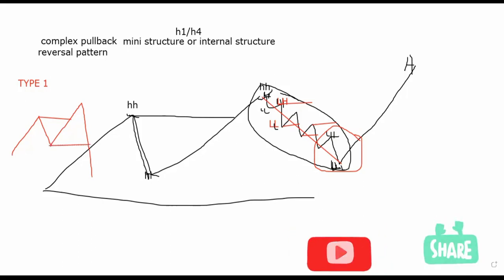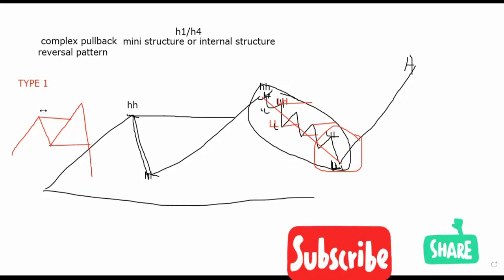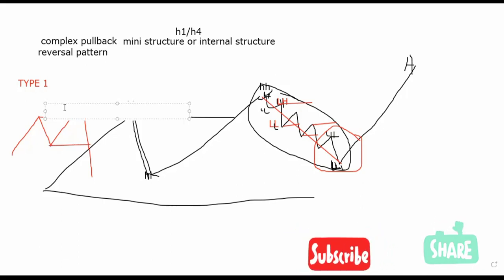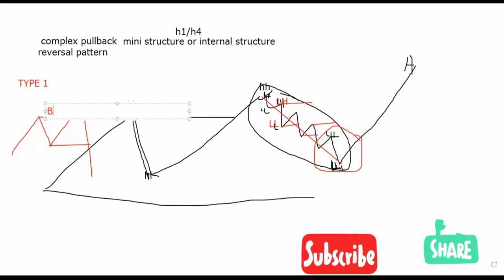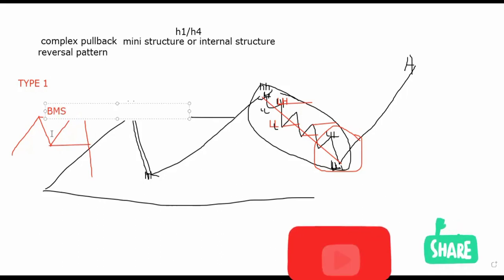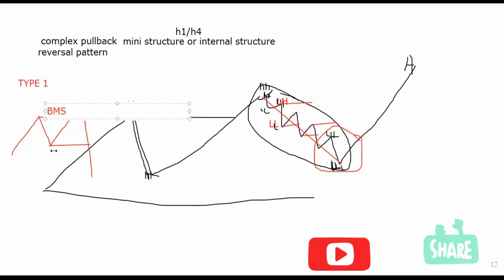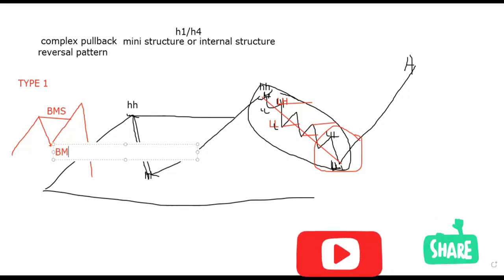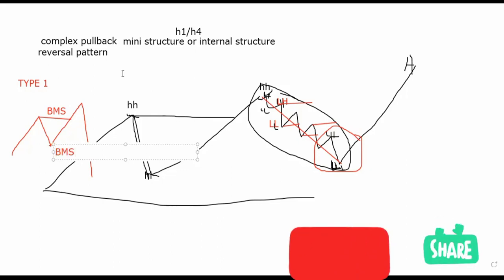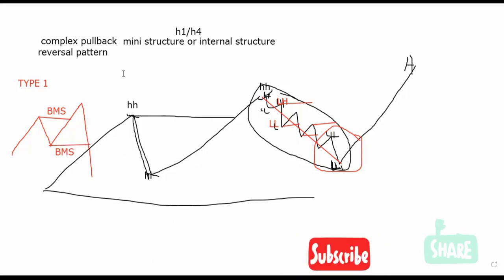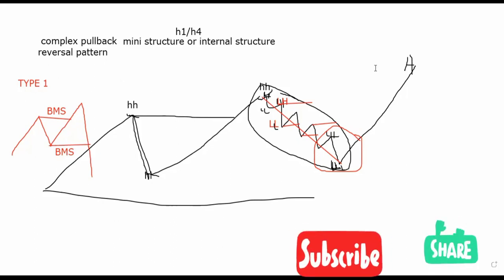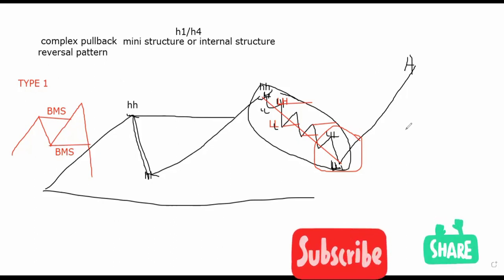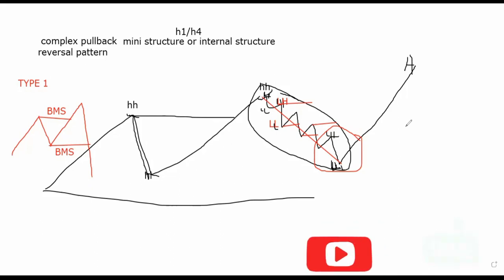This is a BMS. You guys need to indicate it. This is a BMS. This is a BMS. And this is the BMS. Right? That's your type 1 reversal pattern. And for your type 2 now, this is what you have. For your type 2, you have it like this.